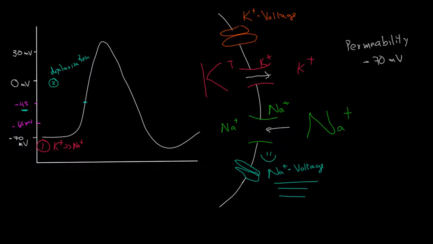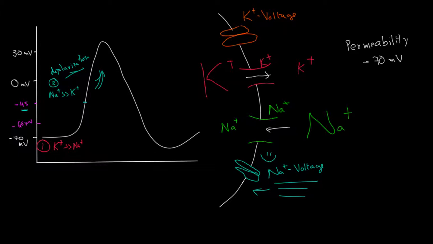And sodium can suddenly flow down in a huge amount into the cell, making the inside of the cell very, very positive. And this happens very quickly. It's a very rapid depolarization phase. So during this phase, the permeability to sodium is much more than potassium, and you'll see the permeability changing. Here in the resting state, potassium is more, and here sodium is more.